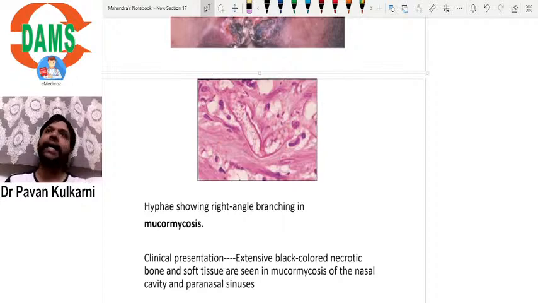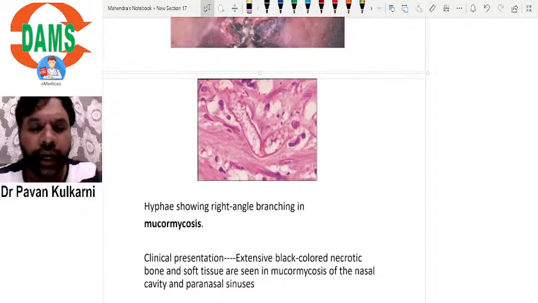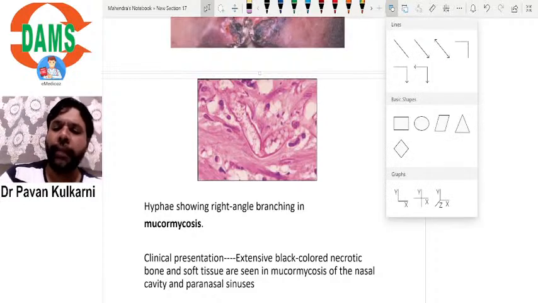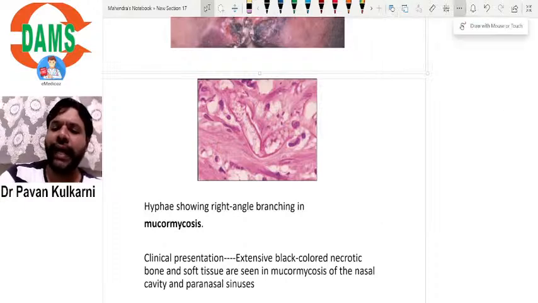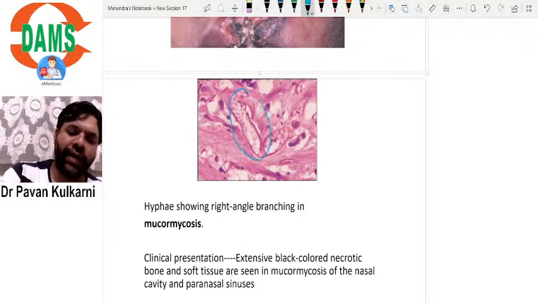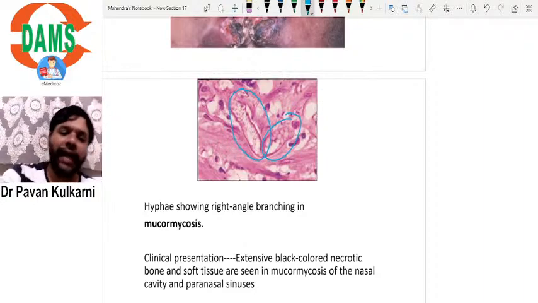Then how do I identify? How do I prove that this is mucormycosis? By seeing the hyphae. If the hyphae are branching at right angles, you can see here there are two hyphae, and both are branching at right angles. This is one hypha and this is one more hypha. Look at this angle.